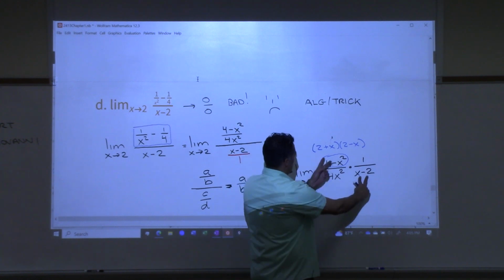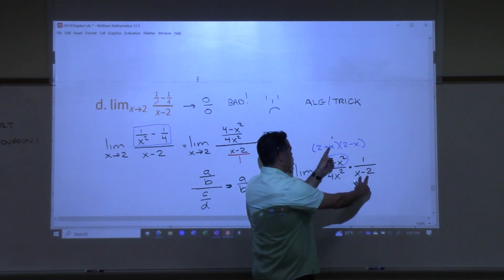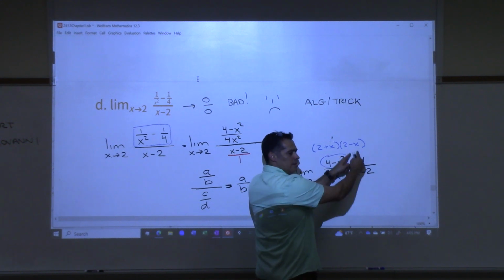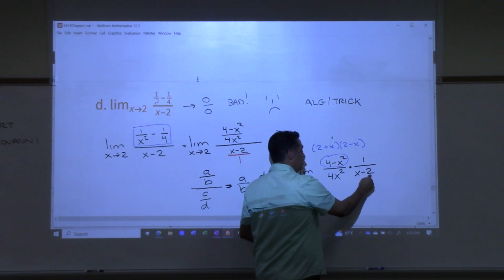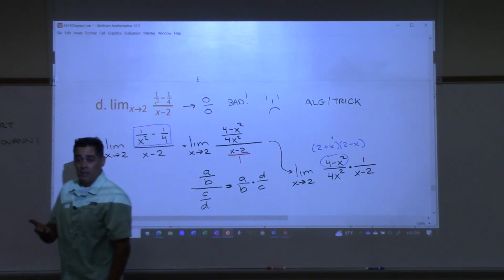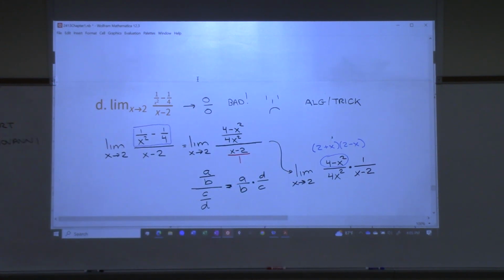Like this one, it's not this, right? This one's positive and positive, this one's positive and negative. So it's not that, but this one's real close, isn't it? Positive 2, take away x. This is positive x, take away 2. They're off by a negative again. So I've got to pull a negative out of anywhere I want, top or bottom, and then I can cancel things.